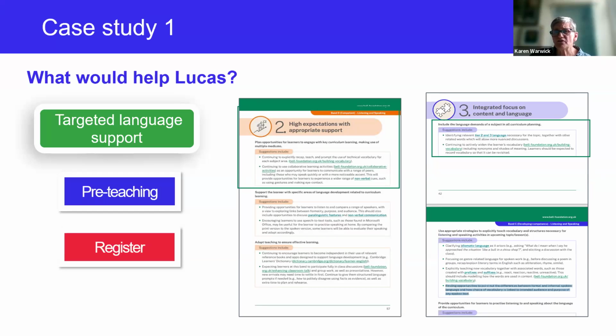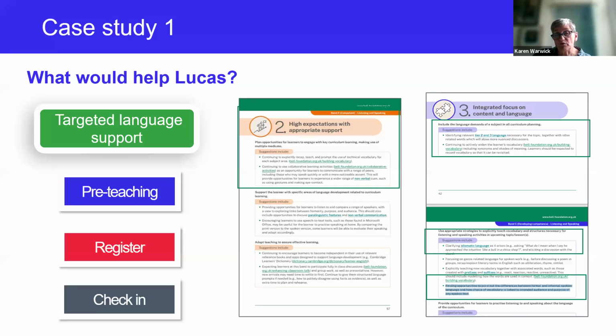And also to find that difference between formal language and informal language, and that Lucas knows where to use it, because we know he's very socially confident, and with that comes sometimes inappropriate use of language as well, particularly in written language, so that they're using the right register appropriately. So that's the first thing that would help Lucas as an intervention type.